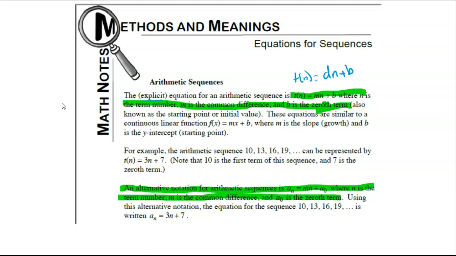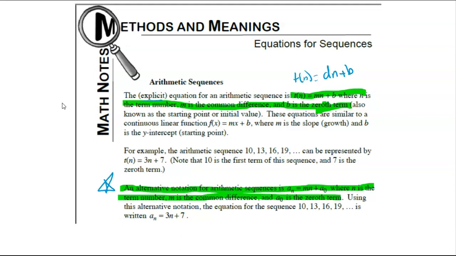Now, something that is different is what's known as alternative notation. This is just another way that we can talk about sequences. Instead of t of n, we use A subscript n.